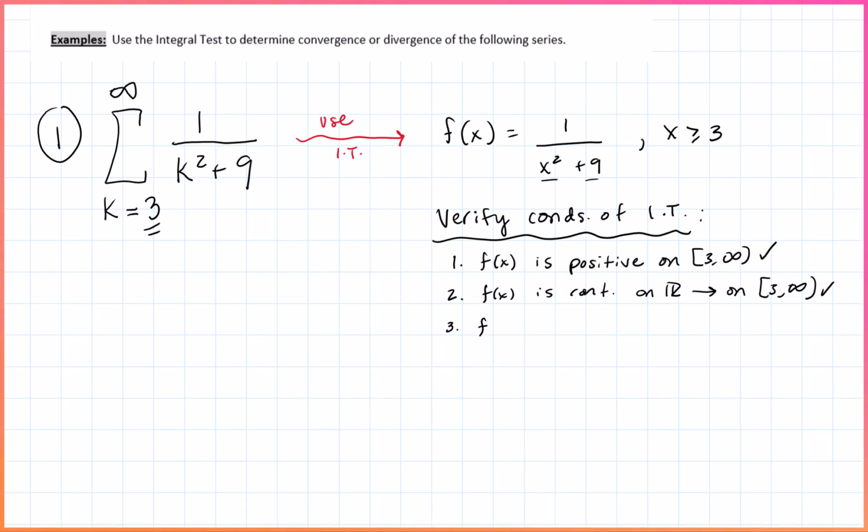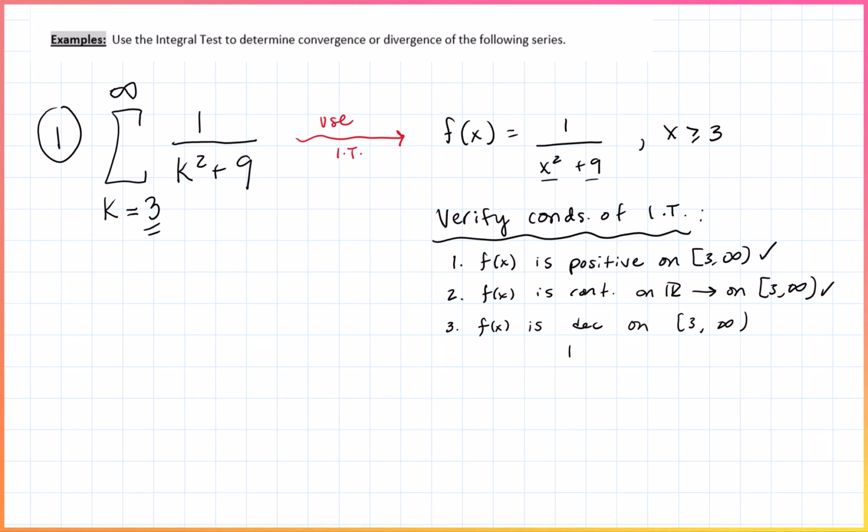Now, we also can tell that f of x is decreasing. This one might take a little bit more thought, but this is definitely going to be decreasing on 3 to infinity as well. So why is it decreasing? Well, we can think of what happens at x plus 1 compared to just at x.